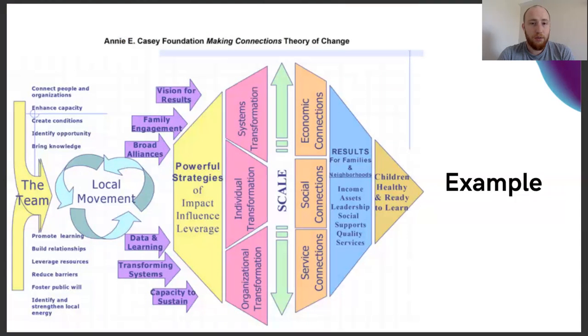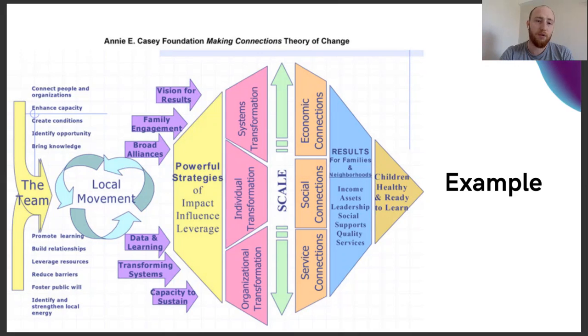Here is one example. You should look at it from left to right. On the left, you see different kinds of interventions that the team of a program creates. They bring knowledge, they provide learning, they build relationships through their activities. After that, they create one more set of preconditions that, as part of a longer chain, lead to each other.